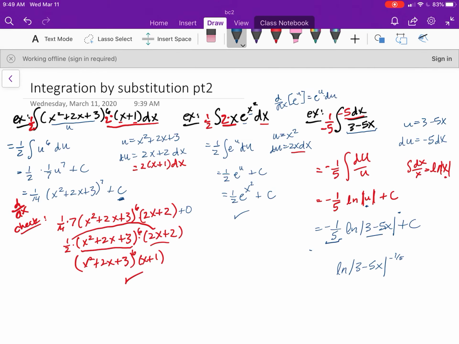So I would prefer this answer here as opposed to this variation here. Also, a negative exponent, I need to bring it to the denominator, and a 1/5 really means a 5th root, right? So now I'd have a fraction, I'd have a 5th root. I mean, it just gets ugly. So in this example in particular, I would leave it as is.